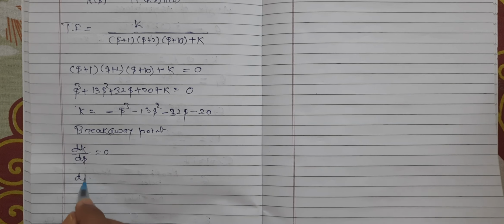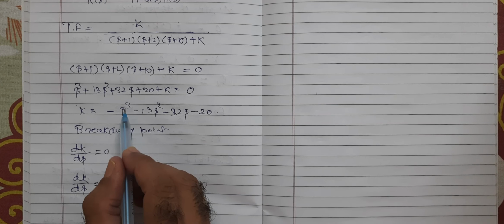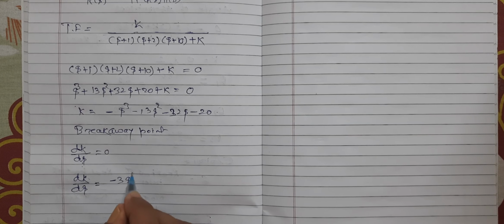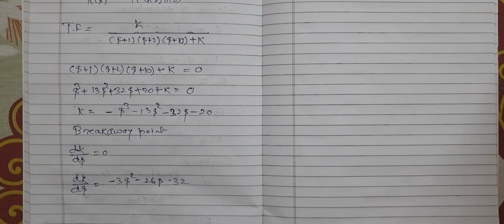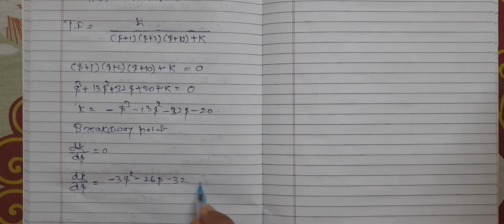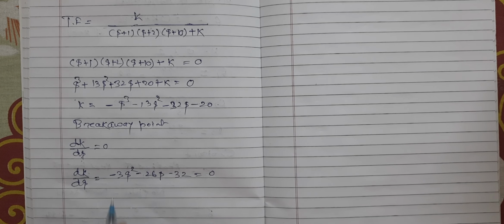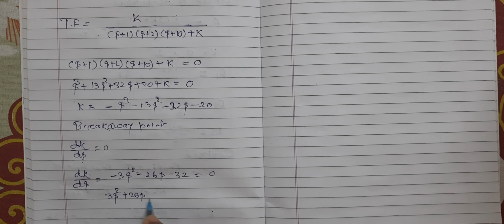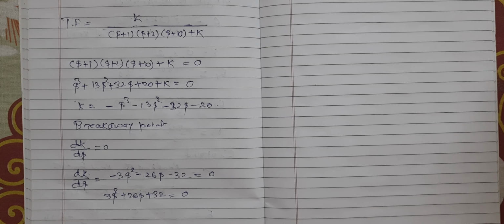So this dk/ds becomes -3s^2-26s-32, and -20 becomes 0. So it is equal to 0. So we have 3s^2+26s+32=0.